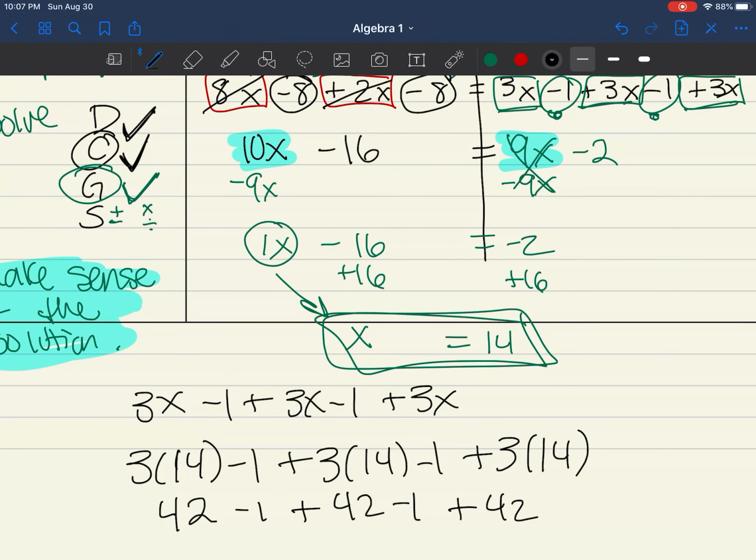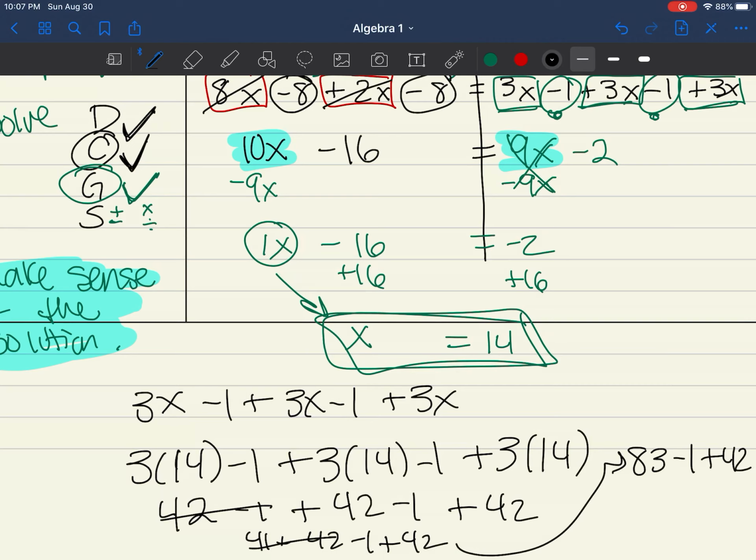So this is going to be 41 plus 42 minus 1 plus 42. That's going to give me 83 minus 1 plus 42, so that's 82 plus 42, and then lastly that gives us 124.